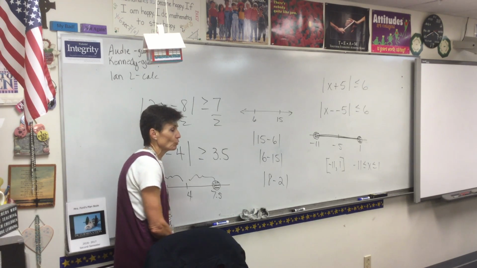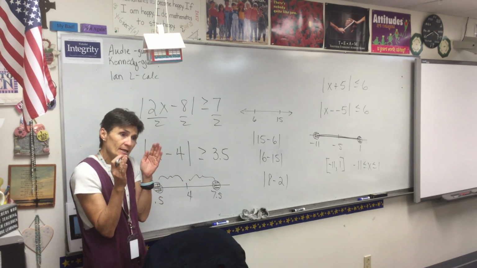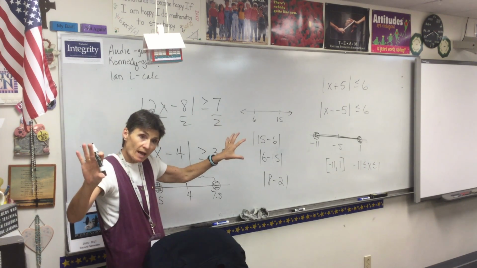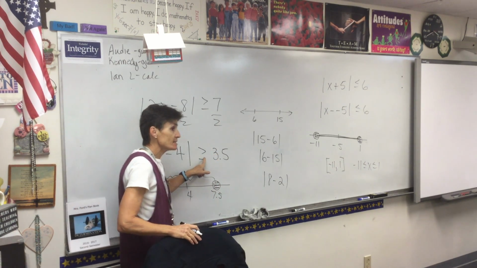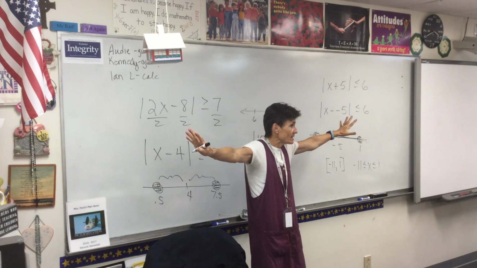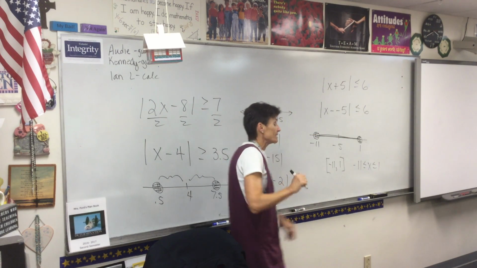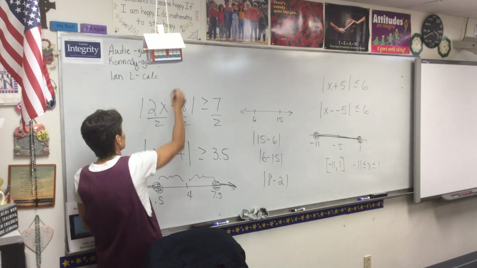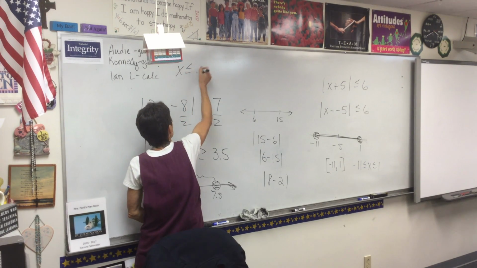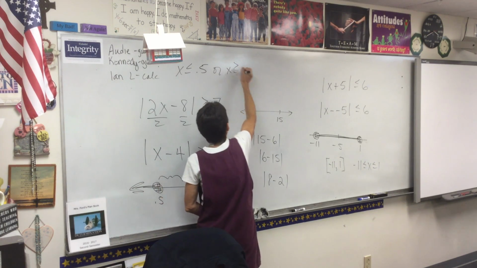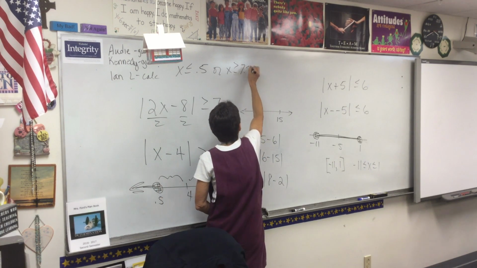And then your answer will always be either in between those 2 dots or outside those dots. This is a greater than. Greater than means outside, getting big. So my answer is everything less than or equal to 1/2, or everything greater than or equal to 7 1/2.